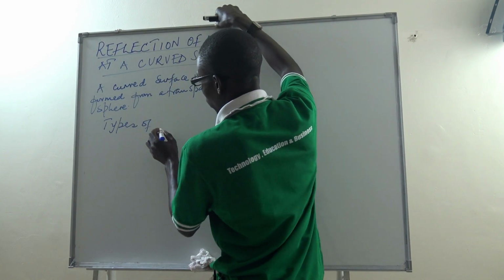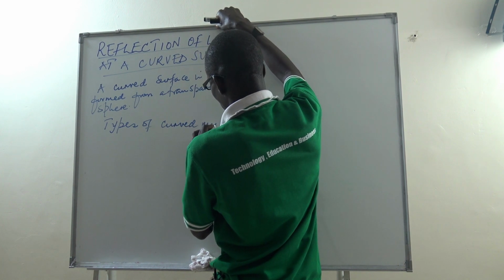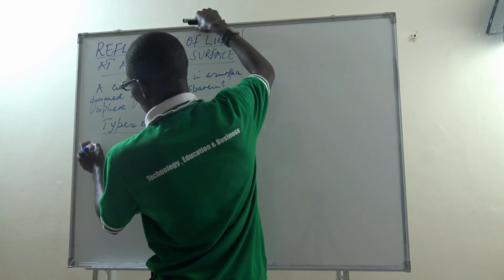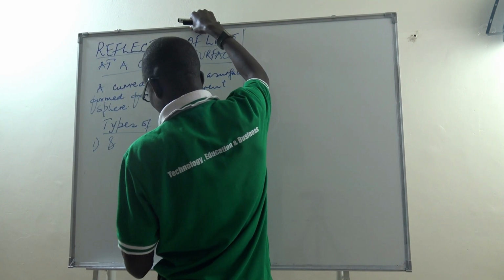Types of curved surface, or a curved mirror, to be more specific. One is the diverging, isn't it? The concave.